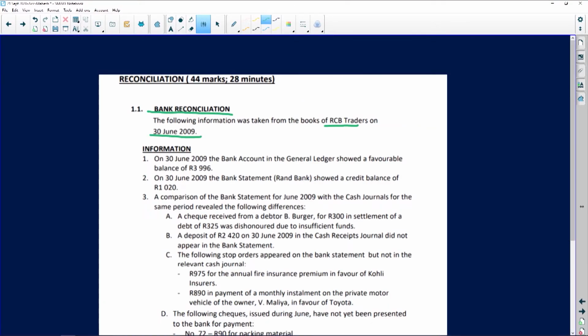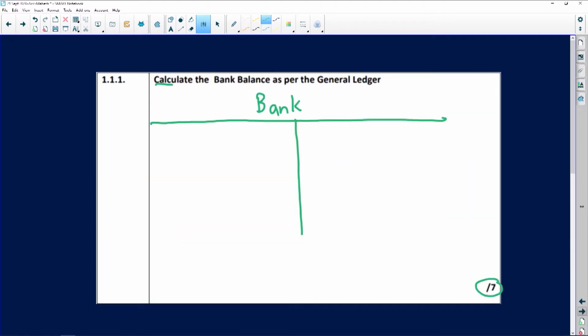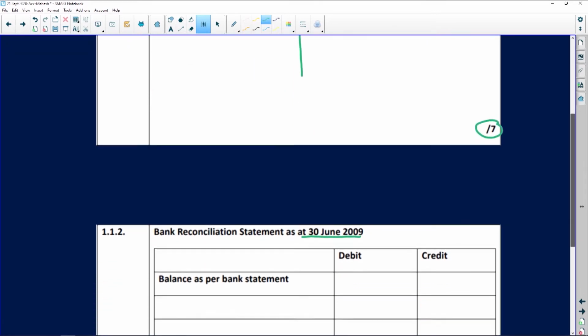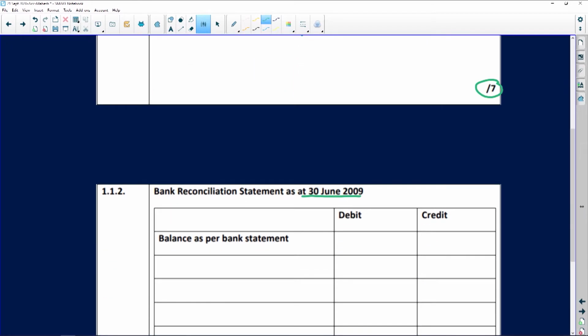So remember, guys, an exam technique: always look at what is required before you begin with the actual question. Right, so as I read through the information, I am going to complete 1.1.1, the bank account balance, and I'm also going to do the bank reconciliation statement at the same time.